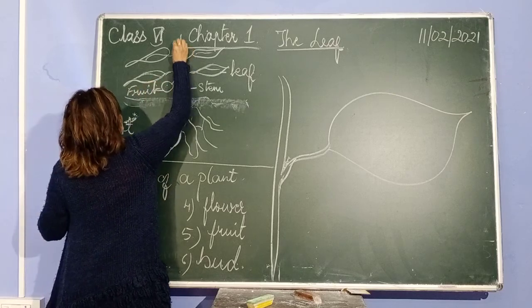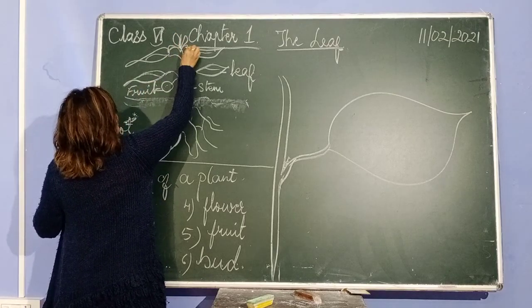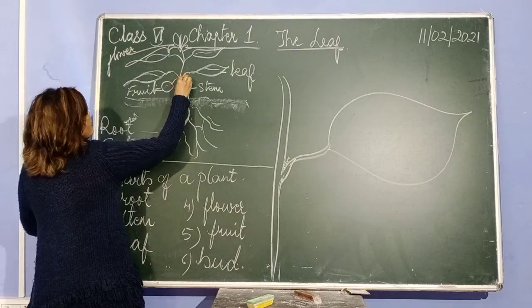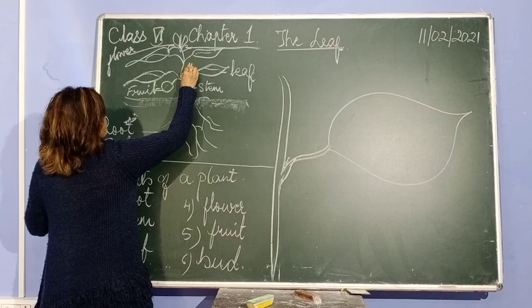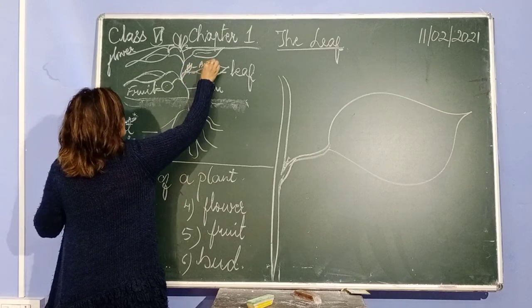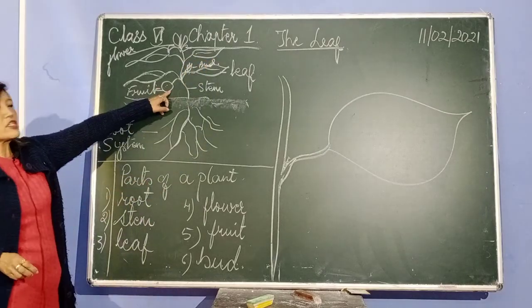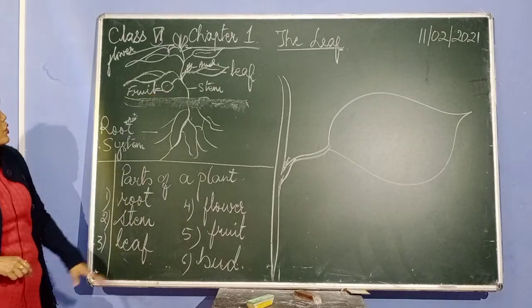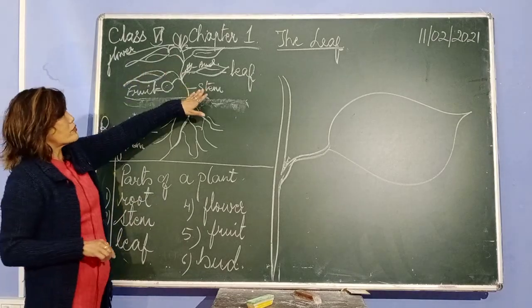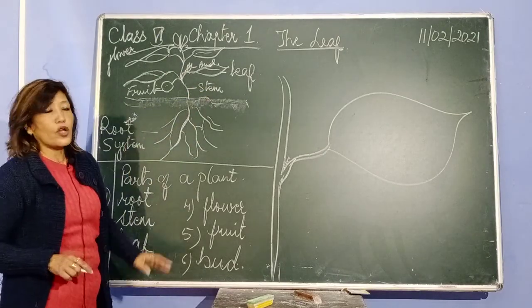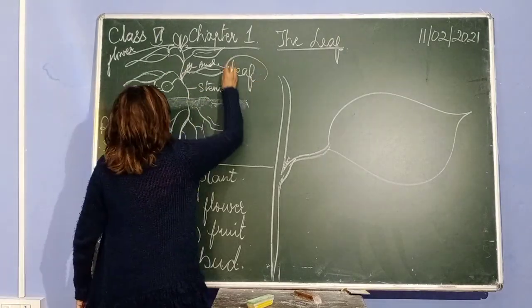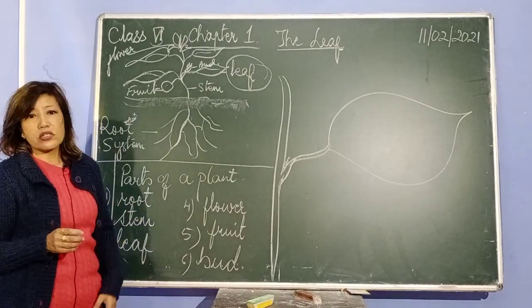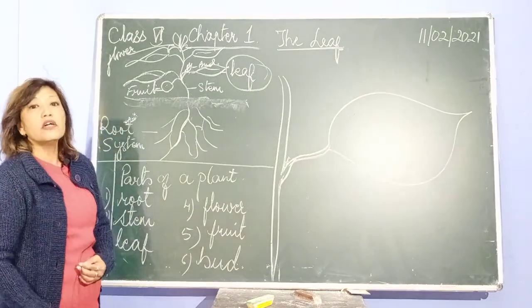Then they have flower, right? And they have bud also. So these are the different parts of the shoot system. Okay, so out of these different parts of the shoot system, today we are going to discuss the leaf. The leaf, which is one of the most important parts of the plant.